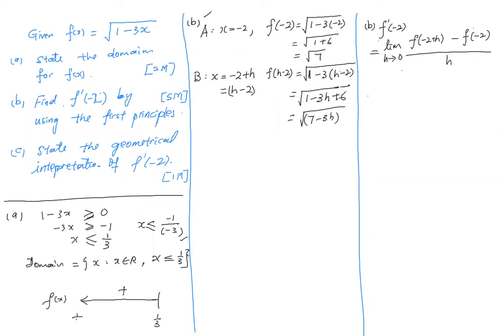Okay, then next step, I will find the slope of a chord, or gradient of chord, which represents the average rate of change from x equal to -2 to x equal to h minus 2, slope of chord AB.